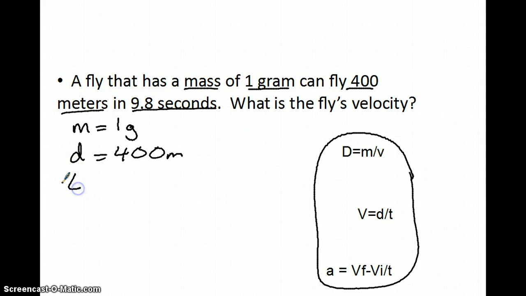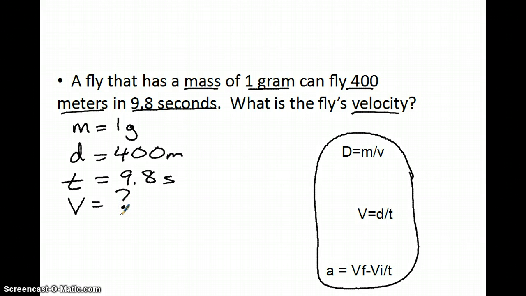I know that that's a time, so I'm going to list that as time of 9.8 seconds. And I always want to put down a question mark next to whatever I'm trying to find. In this case, it says, what is the fly's velocity? So I'm going to list that as velocity with a question mark next to it.